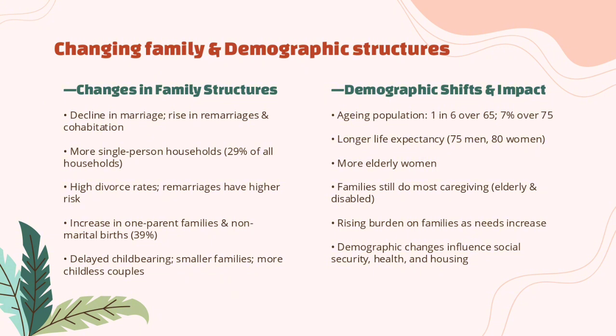In the United Kingdom, family structure has changed dramatically compared to the past. The marriage rate continues to decline, and many choose cohabitation, or living together without marriage. One in three households is now occupied by people living alone, whether because they are unmarried, divorced, or widowed.